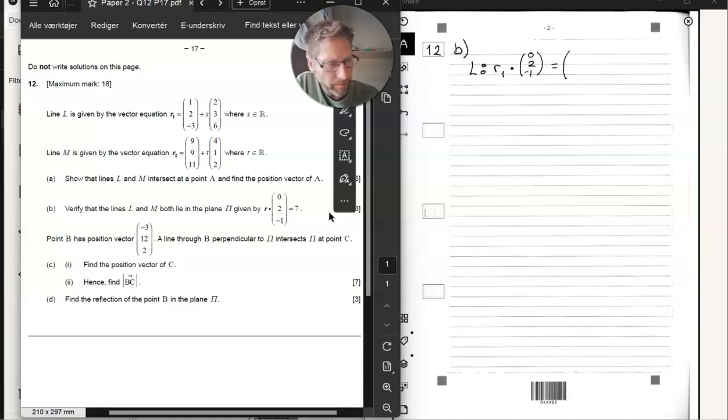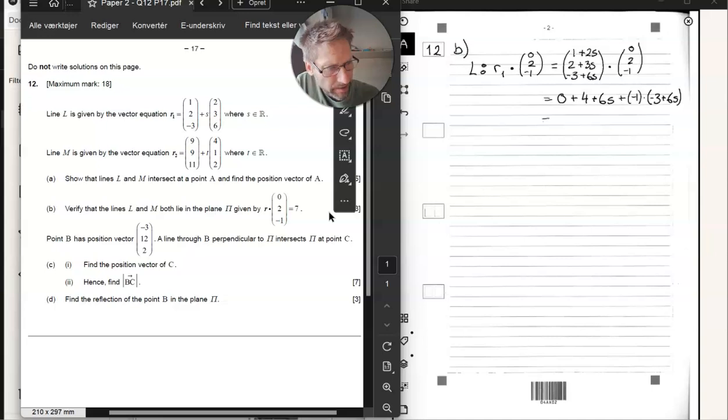R1 is, as we worked with before, 1 plus 2s, 2 plus 3s, and minus 3 plus 6s, and we make the dot product with 0, 2, minus 1, which means that the x-coordinates just become 0, then the y-coordinates becomes 2 times the y-coordinate, so that's 4 plus 6s, and then we subtract, so plus, and we could say minus 1 times minus 3 plus 6s.